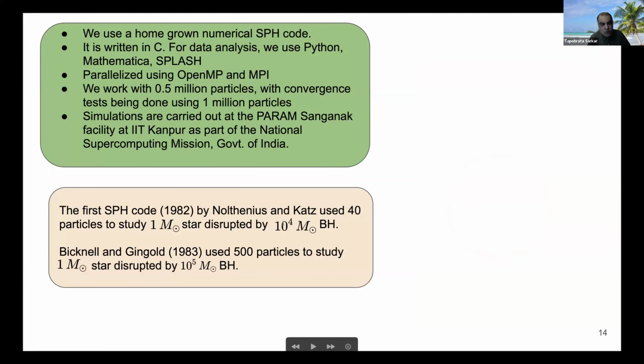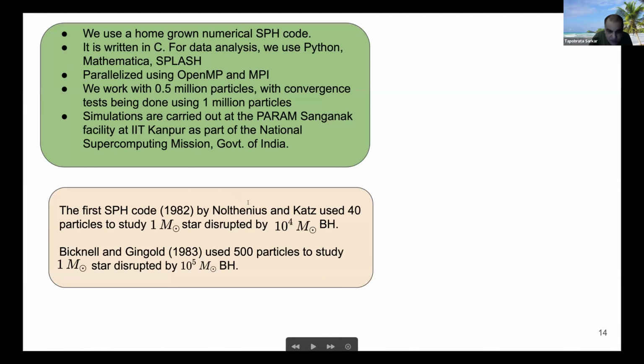We use a homegrown numerical smoothed particle hydrodynamics code, which is written in C. Actually, it took about a couple of years to develop this code fully. For the data analysis, we use Python, Mathematica, and Splash, and it's parallelized using OpenMP and MPI. We work with 0.5 million particles, with convergence tests done using 1 million particles. The simulations are carried out in the Param Sanganak facility as part of the National Supercomputing Mission.